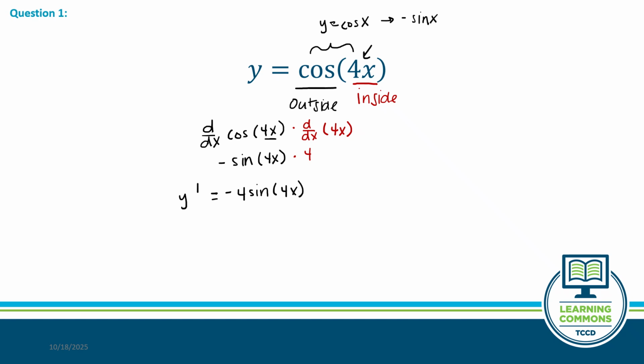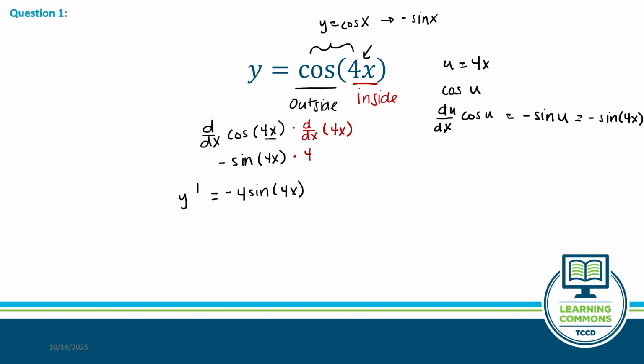If I wanted to do du dx, I would say u is 4x. So then it'd be cosine u. Then I would say d over dx of cosine u, which would give me negative sine u, which I could write as negative sine 4x again.